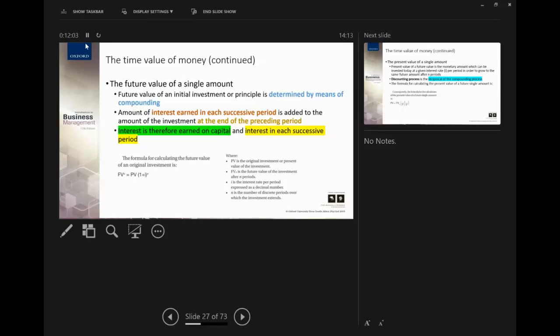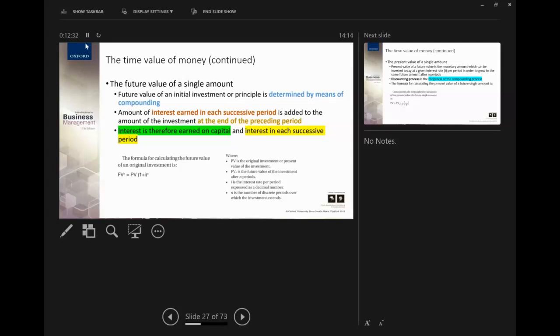All right. So in the first year, either way, whether it's simple or compounding, we earn the same. But in the second year, we will then earn interest on not 100 Rand, but 110 Rand.